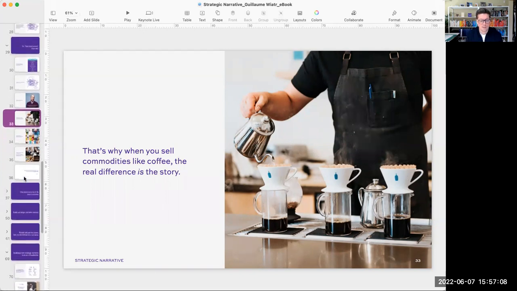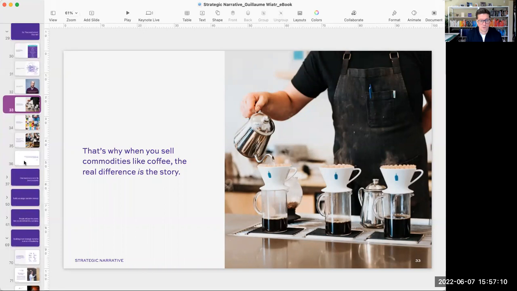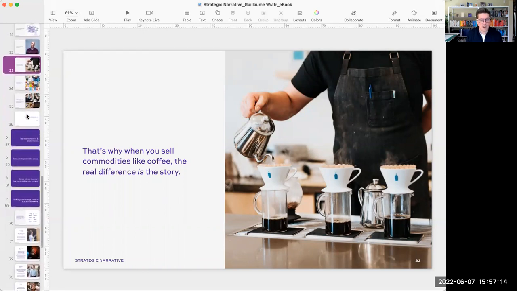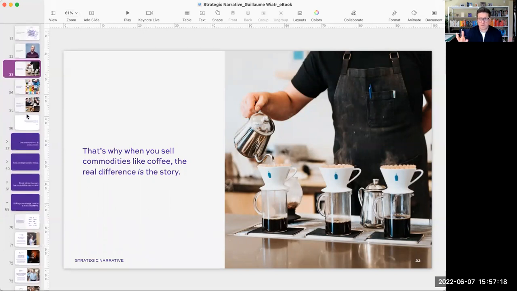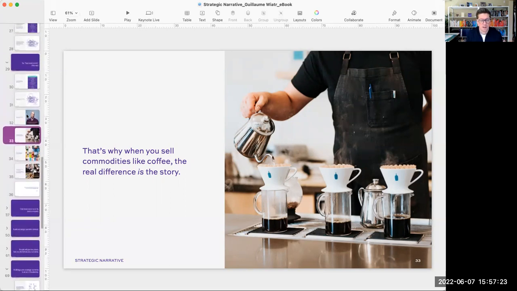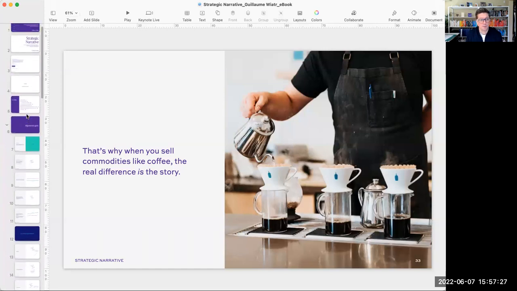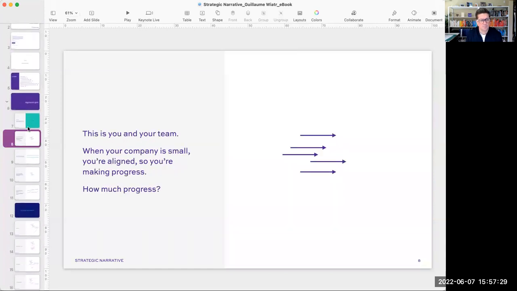Now, at some point, this book was just a series of ideas. There was no flow, and I had to step back and say, okay, what's the most important thing for my audience? My audience are CEOs, company founders, and business owners, and I landed on, okay, it's people alignment. And I thought, okay, how do we represent alignment?